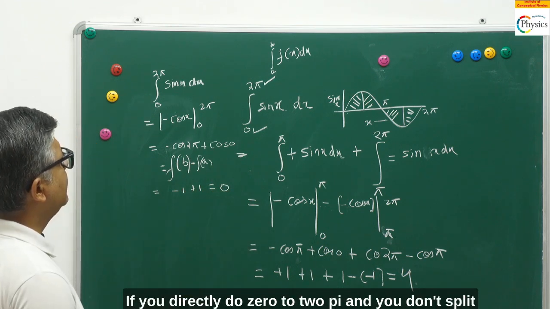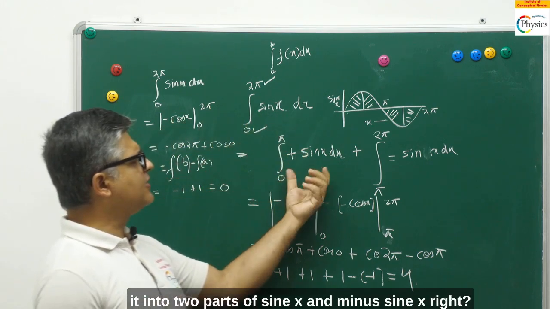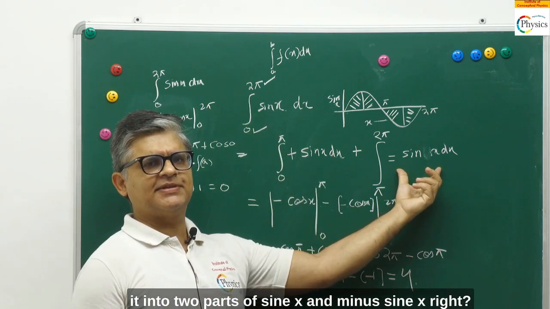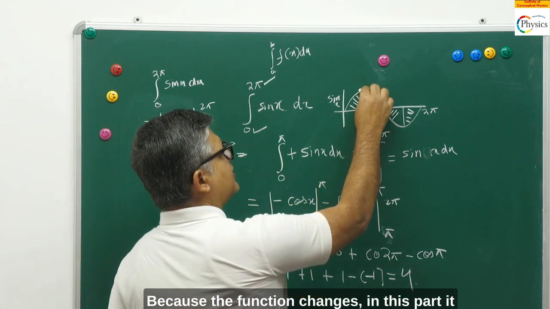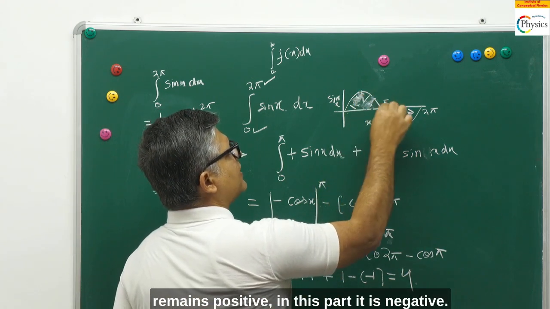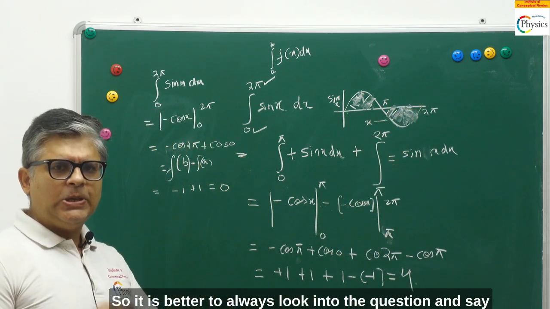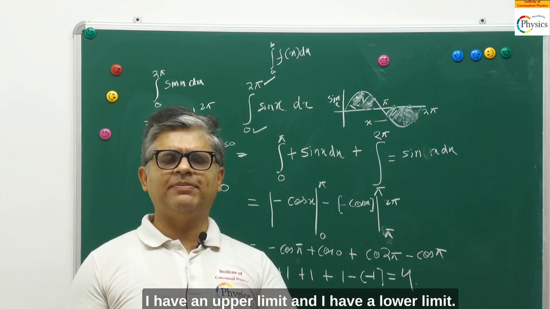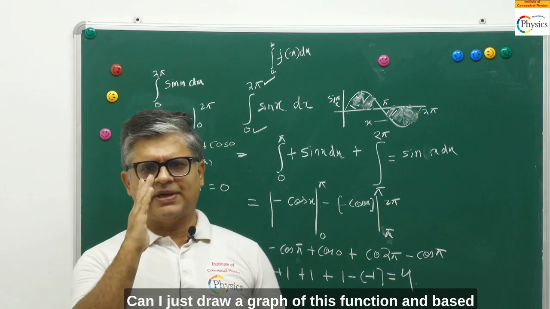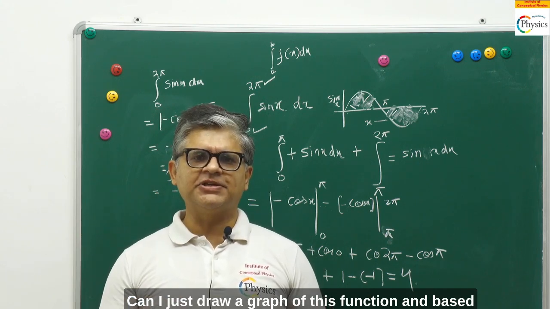If you directly do 0 to 2 pi and you don't split it into two parts, sine x and minus sine x, because the function changes, in this part it remains positive and in this part it is negative. So it is better to always look into the question and say, I have an upper limit and a lower limit; can I just draw a graph of this function?